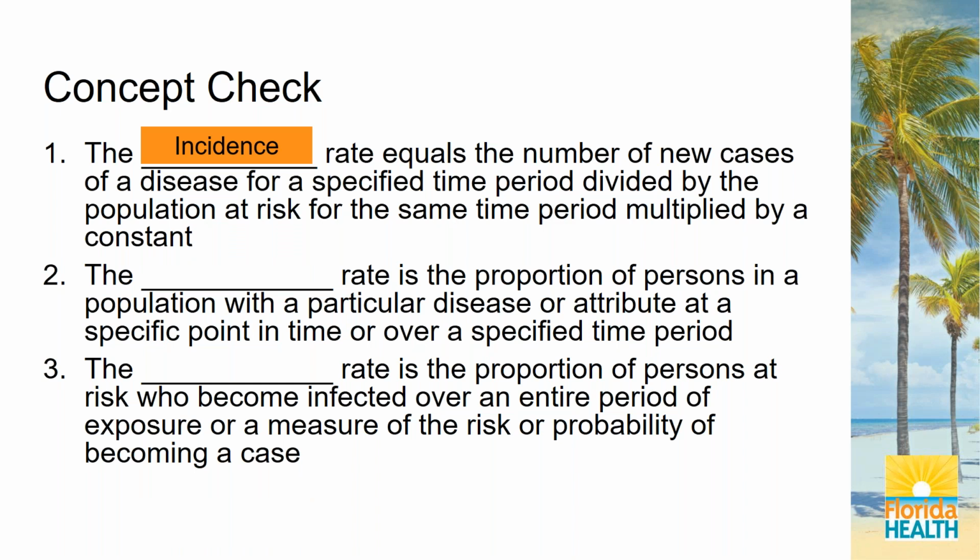Okay, now which one would be the point prevalence rate? Correct. Our point prevalence rate is the proportion of persons in a population with a particular disease or attribute at a specific point in time or over a specified time period.